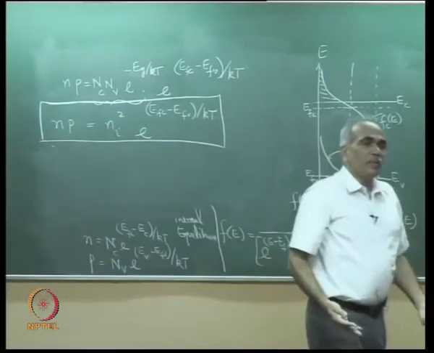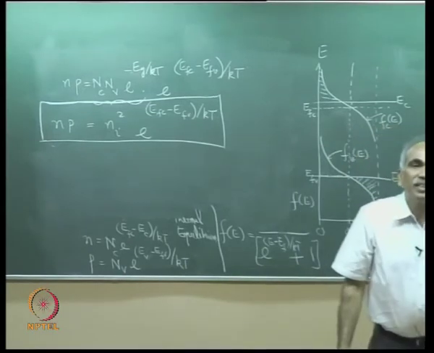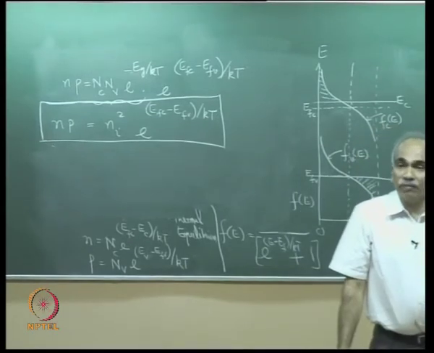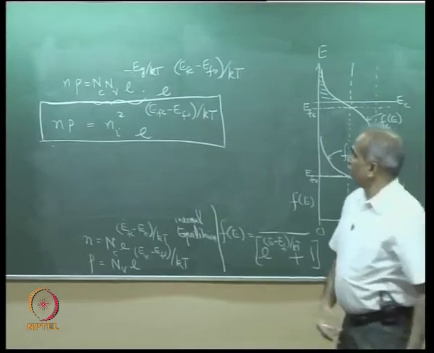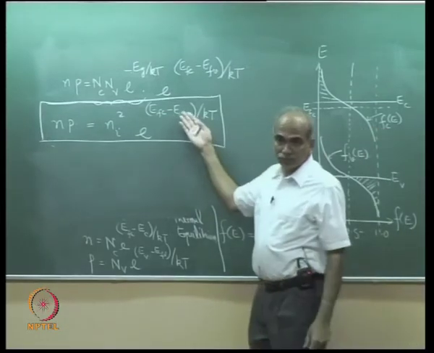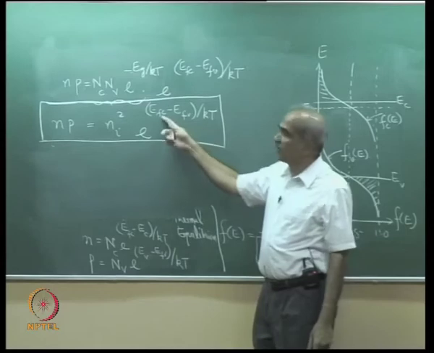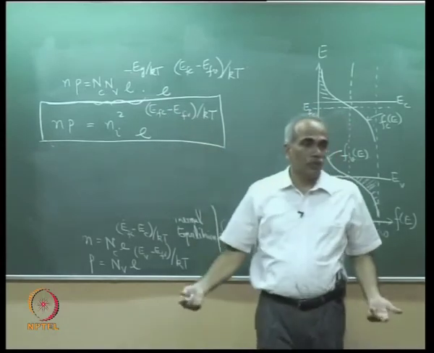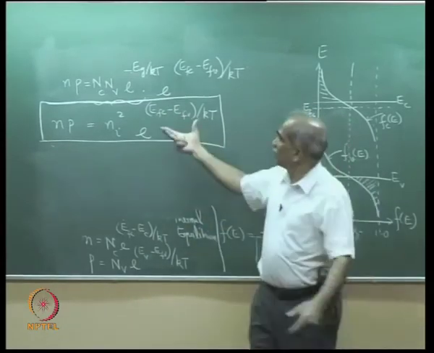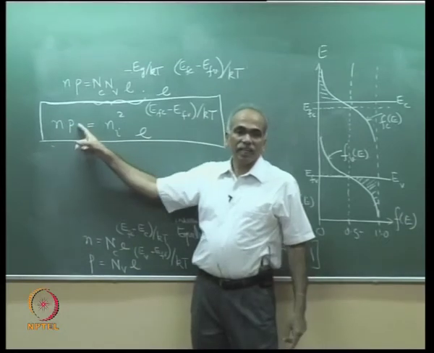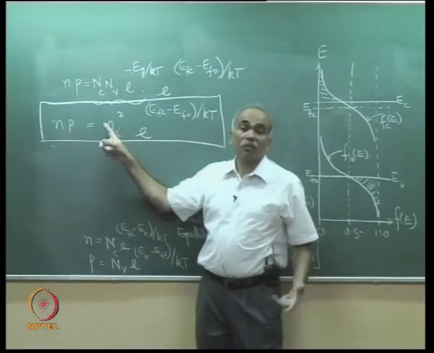In thermal equilibrium, EFC is equal to EFV equal to EF. There is only one EF, which means the numerator here is 0, because EFC equal to EFV, there is nothing like two Fermi functions, only one, and you get NP equal to Ni square in thermal equilibrium.